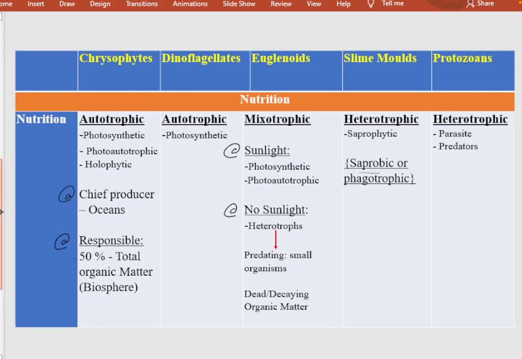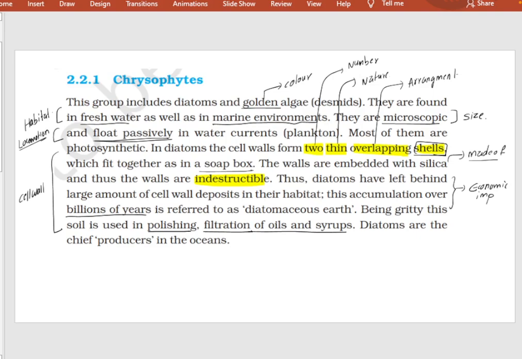Now just see here. First thing is about chrysophytes. Where is it mentioned? Last point: they are the chief producer in the ocean. That is nothing but nutrition.